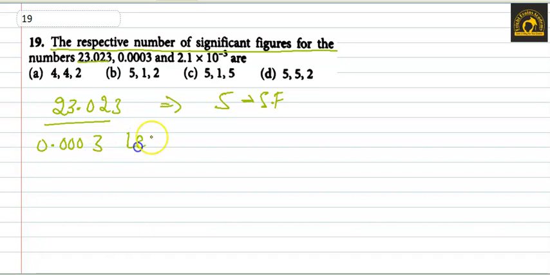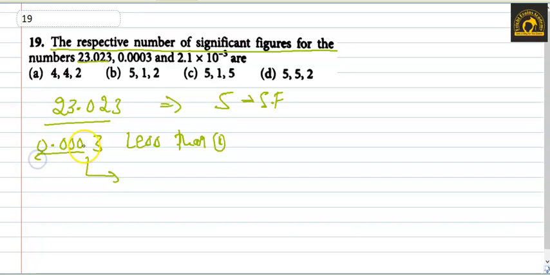This number is less than 1, so the leading zeros are not significant figures; only the 3 is one significant figure. The 3 is the only one significant figure. These zeros are not significant figures.